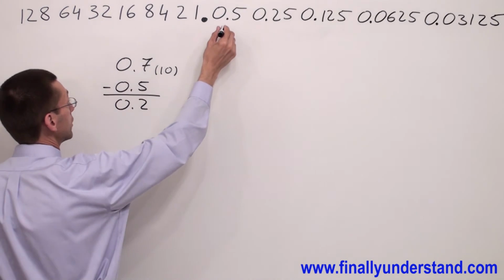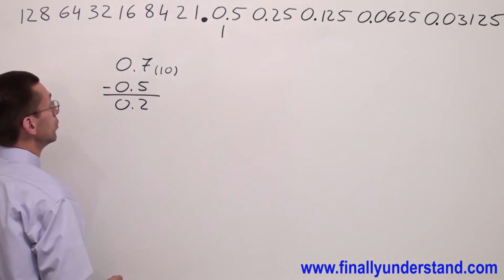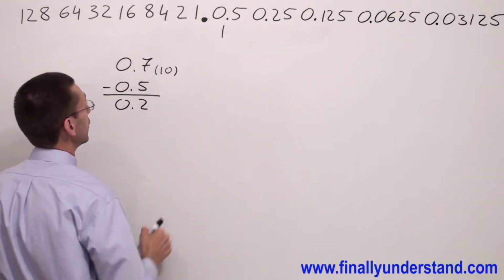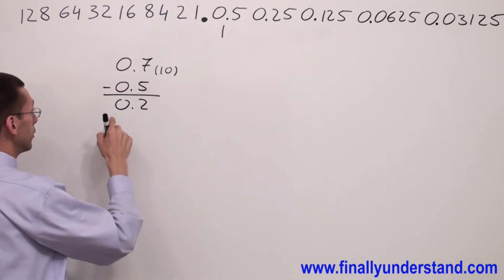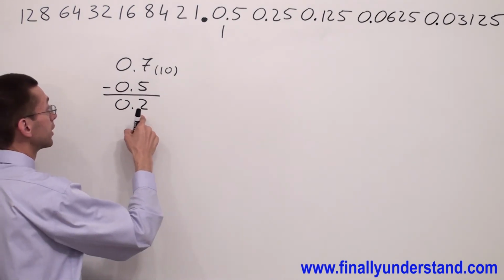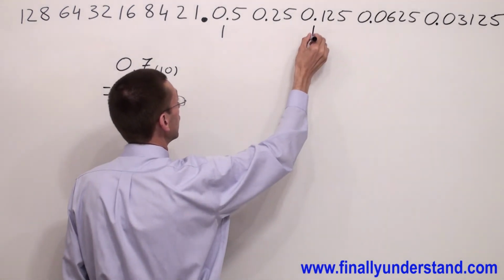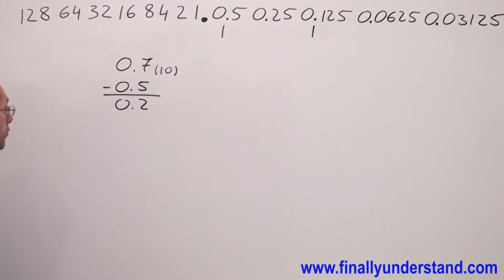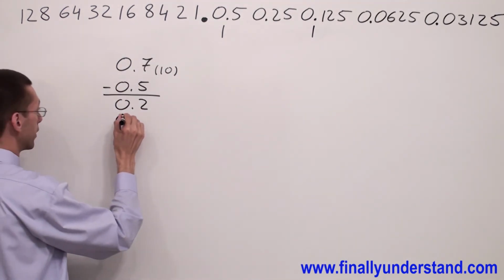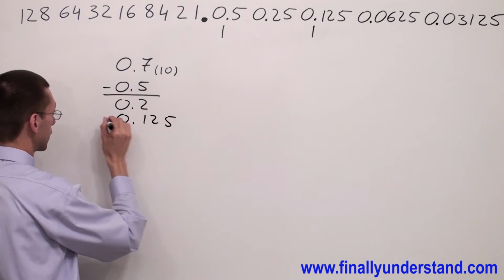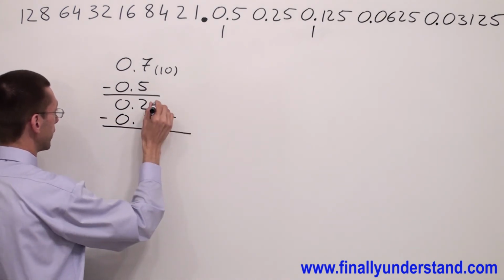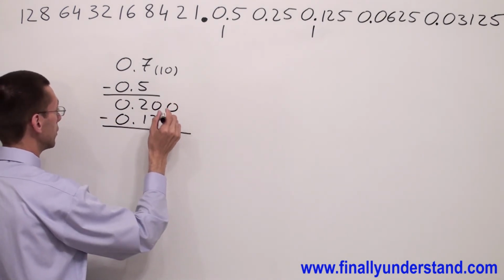I subtract 5/10, that's why I'm going to write it underneath 5/10. From 2/10 I can subtract 125 thousandths. Okay, and I'm going to have 0, 0.